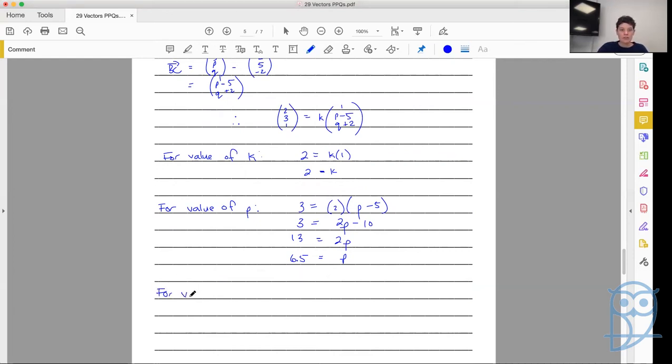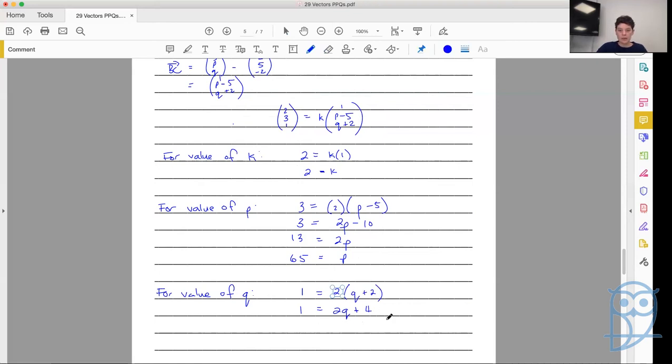Then for the value of Q, we would use our Z component. So 1 equals K times Q plus 2. But K, of course, we have a value for. K, we said, is 2. So 1 equals 2Q plus 4.